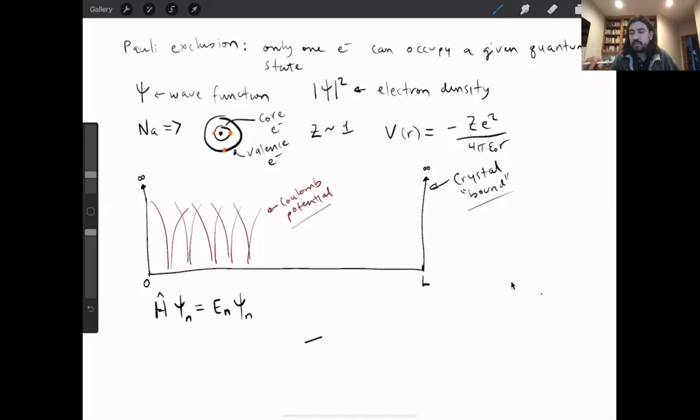The potential goes to 0 at the boundary. So that means that our electron waves all have to be 0 here and 0 here, so there's a particular wavelength for the electrons.